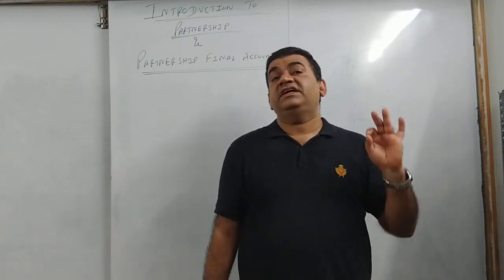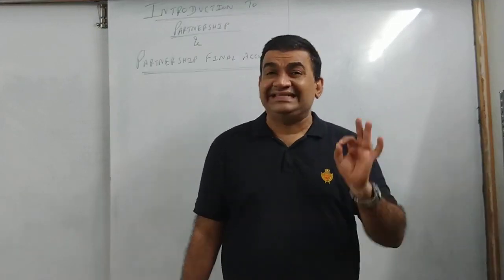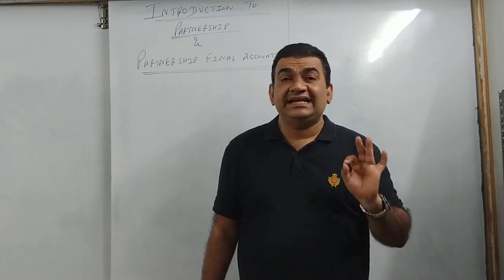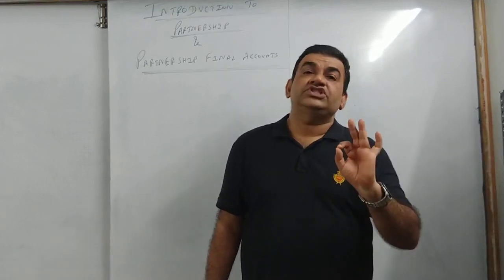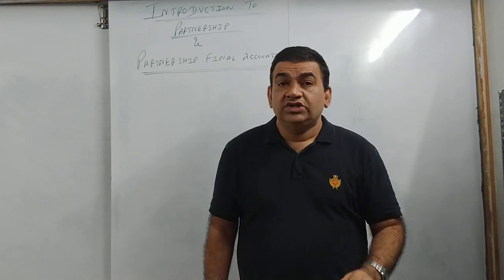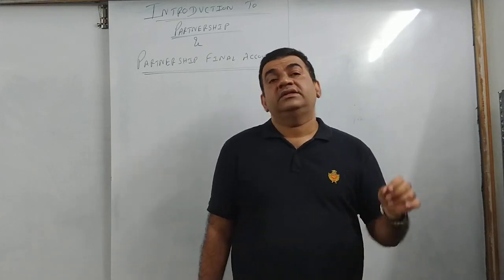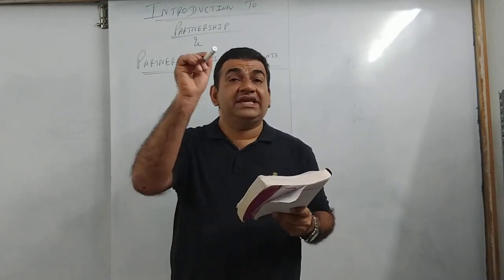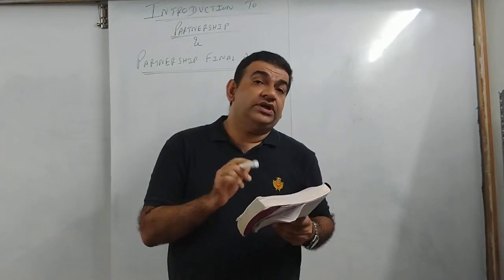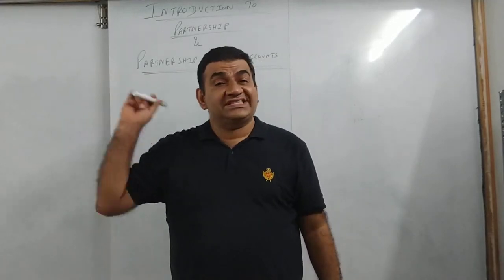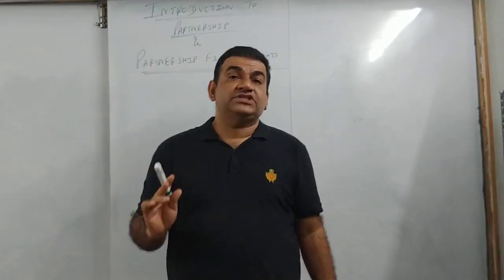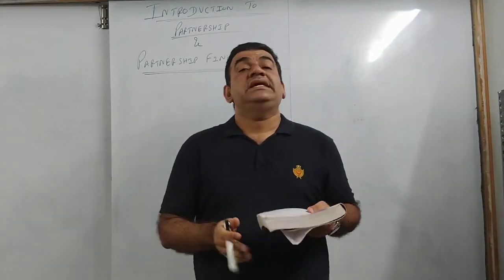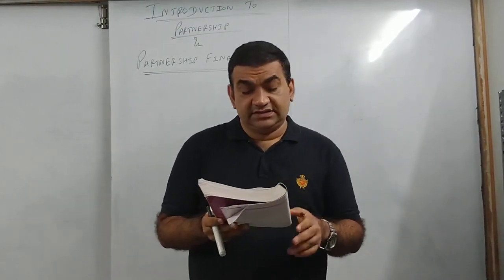But if the ratio is not decided by the partners, it is to be treated as equal. So in absence of information, the partners will share the profit and loss in equal ratio. Keep that in mind. This is important not only for objective but also in sums, because in sums, if the profit sharing ratio is not given, it will be divided equally amongst the partners.